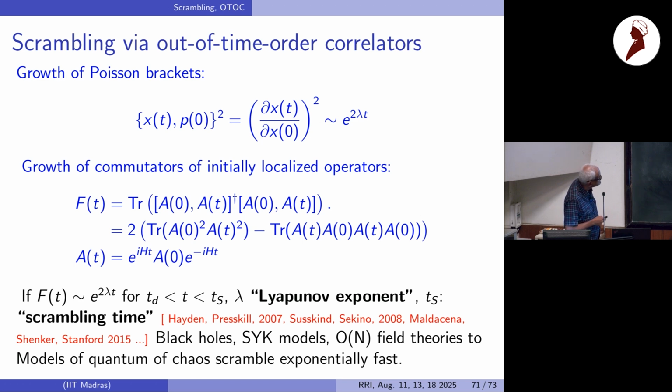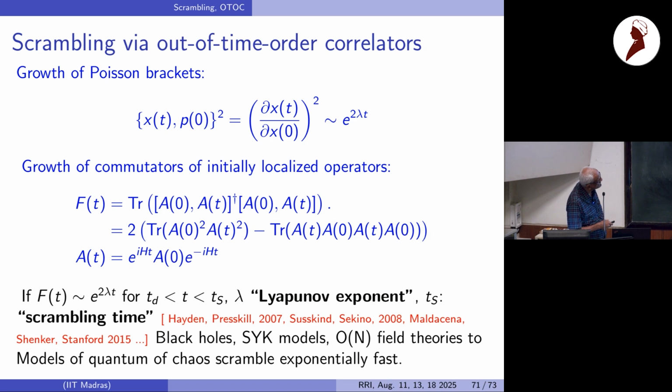Let's take a classical Poisson bracket between x at a time t and momentum at time 0. Now this is defined as the Poisson bracket: derivative of x of t with respect to x0, derivative of p0 with respect to p0, minus the other term which will vanish here. So this is actually just given by the derivative of x of t with respect to x0.